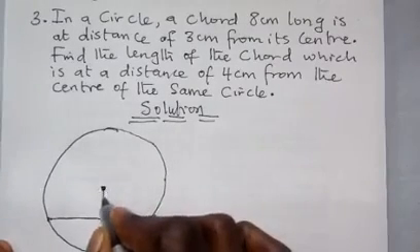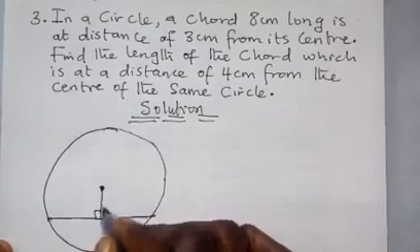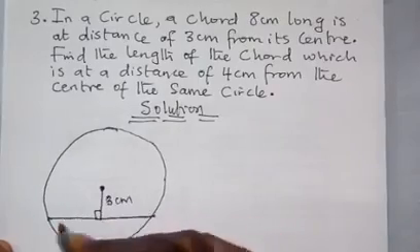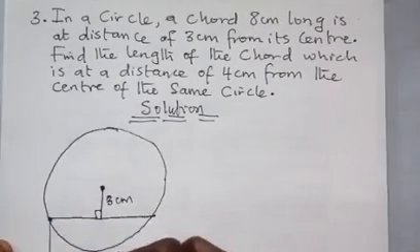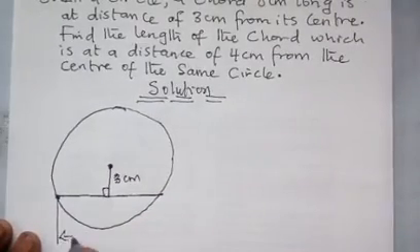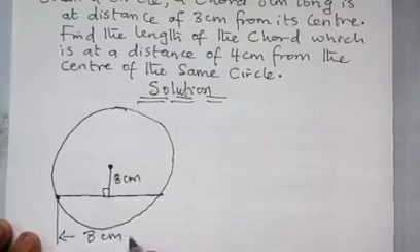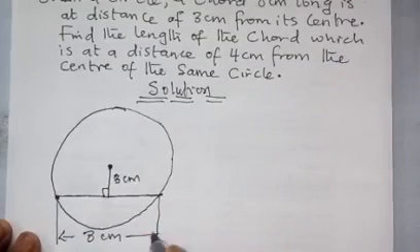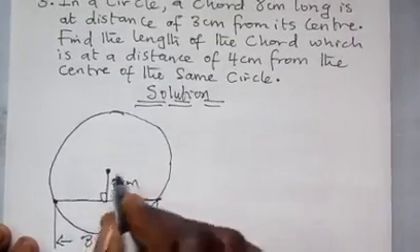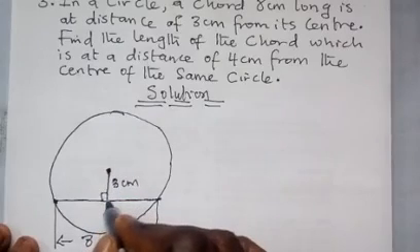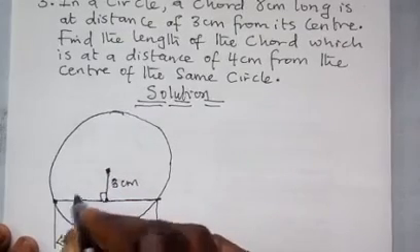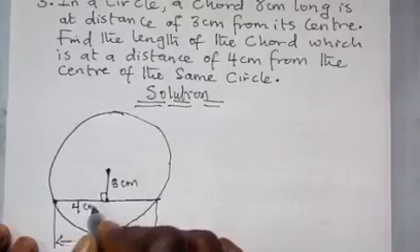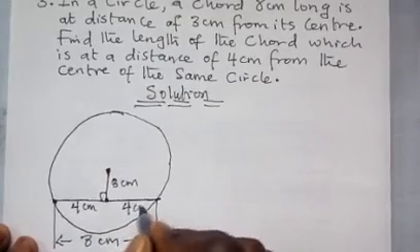So the chord distance is 3 centimeter. And of course, you know that the length of the chord here is 8 centimeter based on the information given to us, which means that as long as you've drawn this line from the center to touch the chord at the midpoint, here will become 4 centimeter and here will become 4 centimeter.